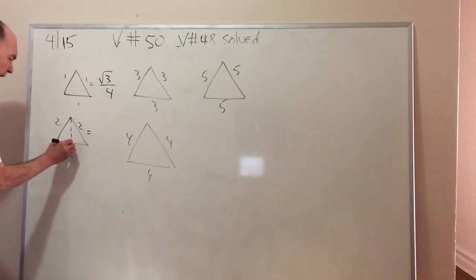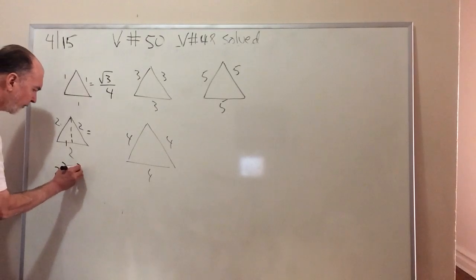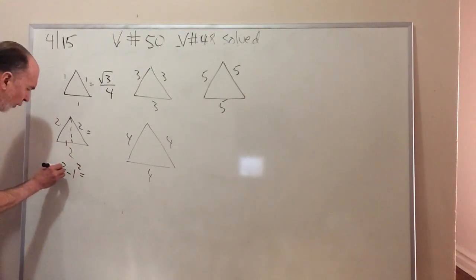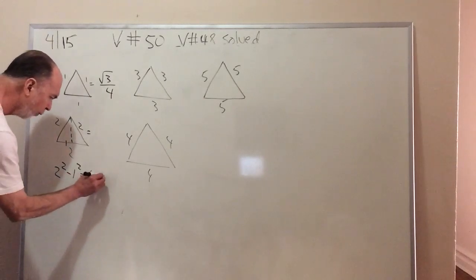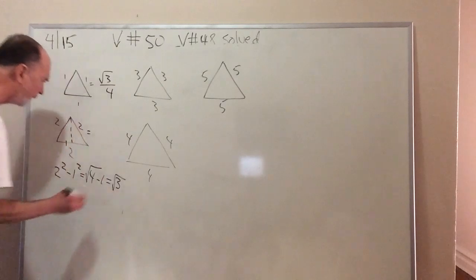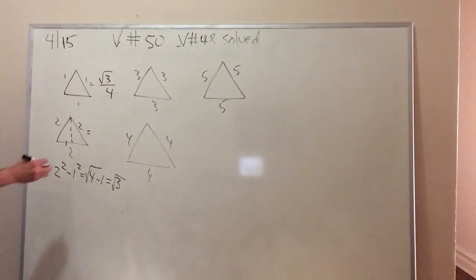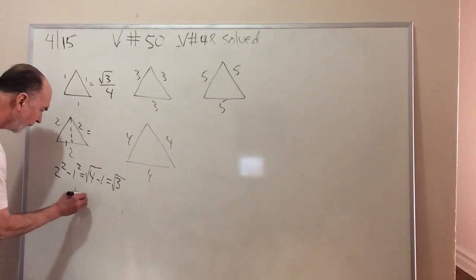What happens to the area? Well, we get 2 squared minus 1 squared equals 4 minus 1, which equals 3, and then I take the square root of both sides. So when I get the area here, I get 1/2 times 2.